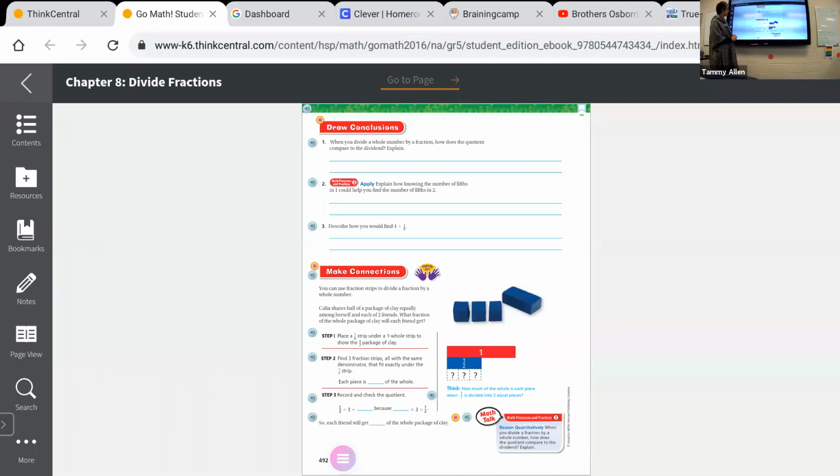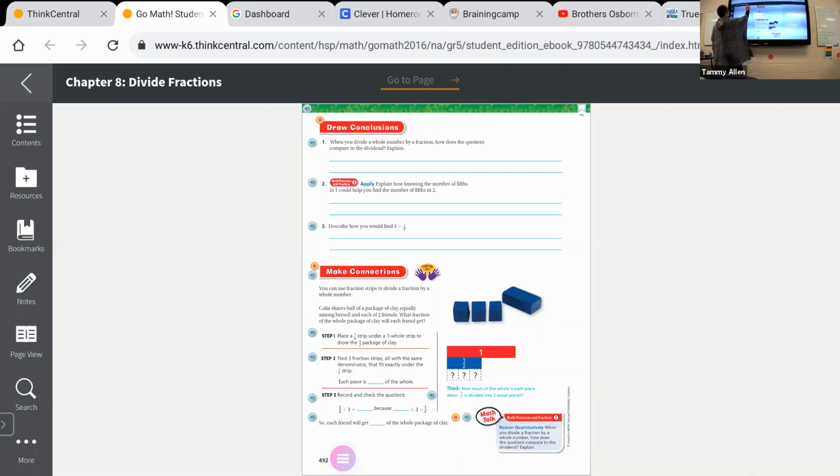All right. As we take a look at this one, we have a half strip under a one whole strip to show half a package of clay. We then want a third of a half, a half divided 3 ways. So we want a half divided by 3. Okay?